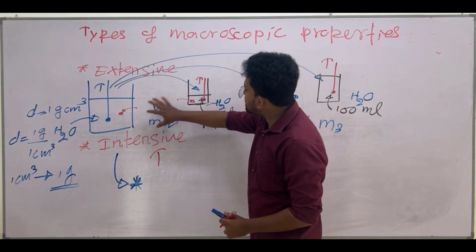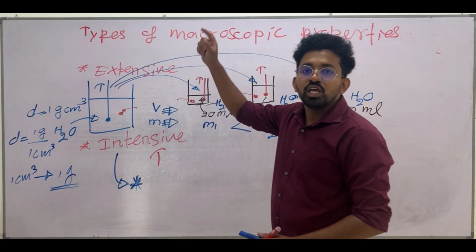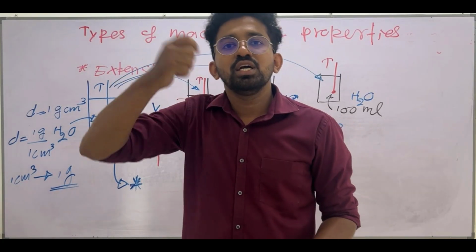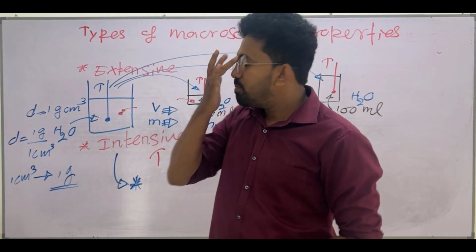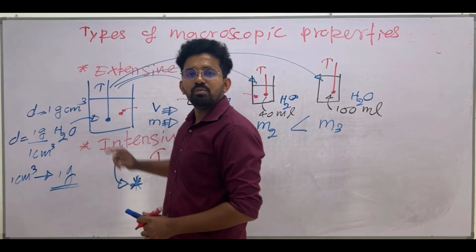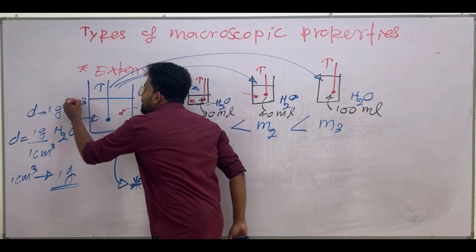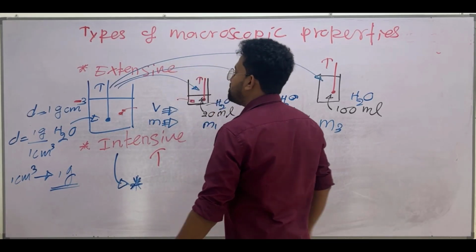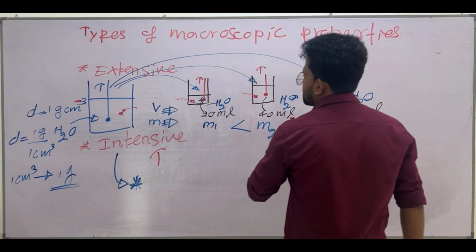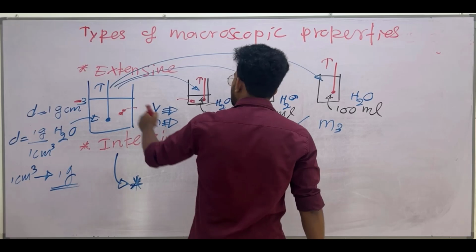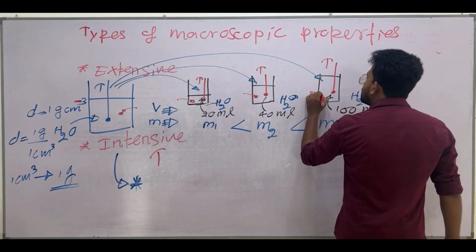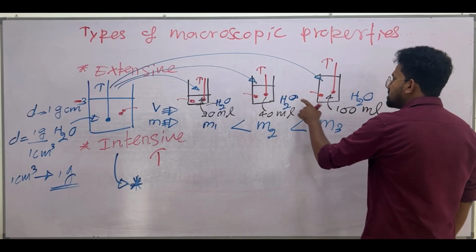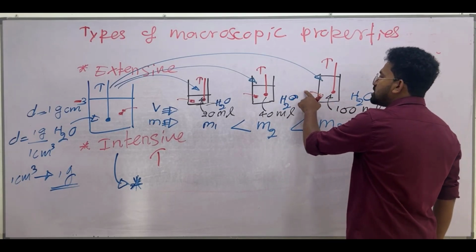So here, no matter the total volume, we always take the mass of 1 cubic centimeter to get the density, with the unit grams per cubic centimeter. Here also we consider 1 cubic centimeter to get the mass: 1 cubic centimeter has a mass of 1 gram.